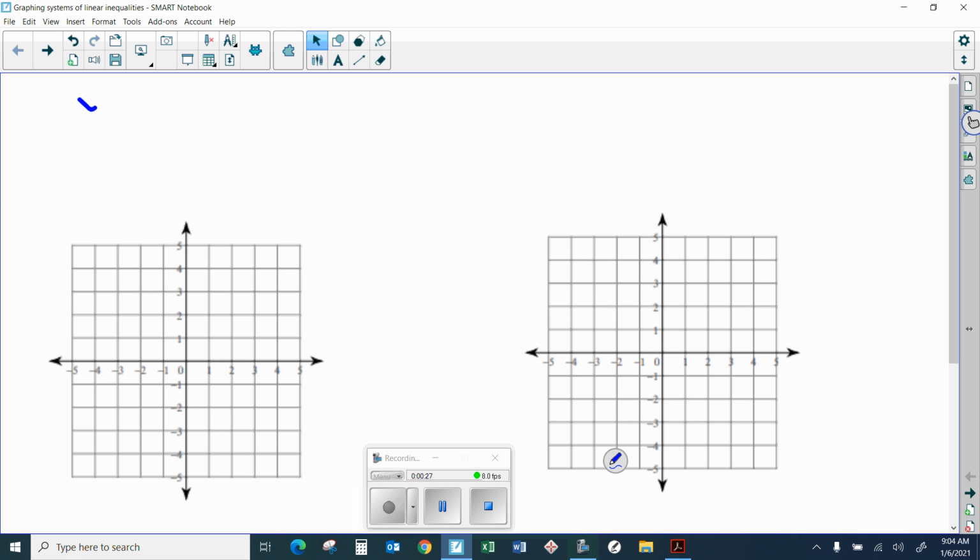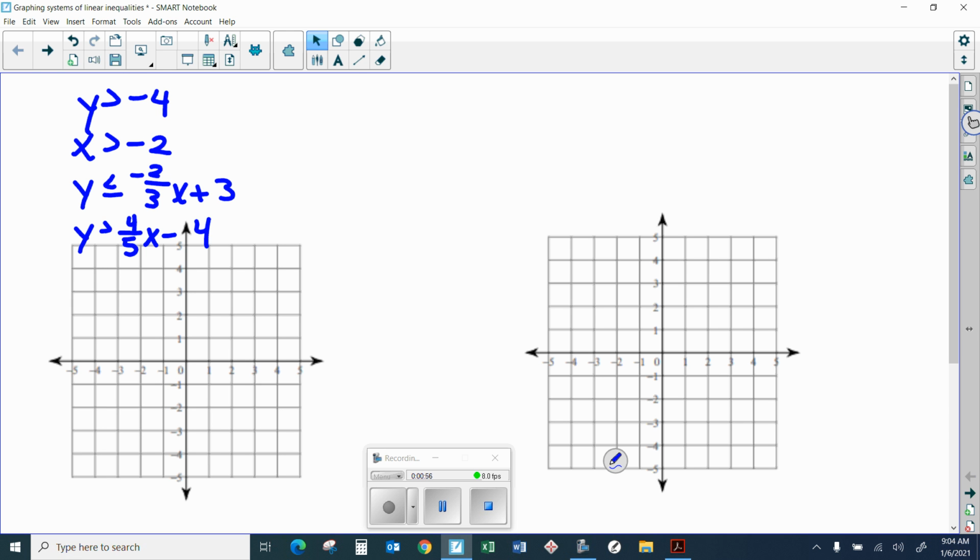So if I have y is greater than -4, x is greater than -2, y is less than or equal to -2/3 x plus 3, and y is greater than 4/5 x minus 4.